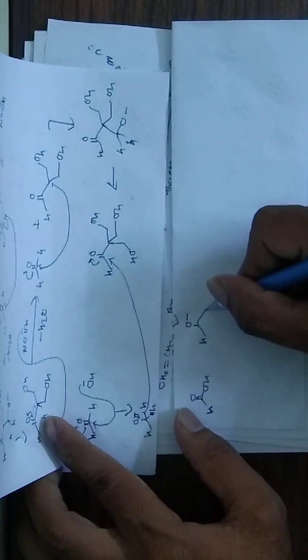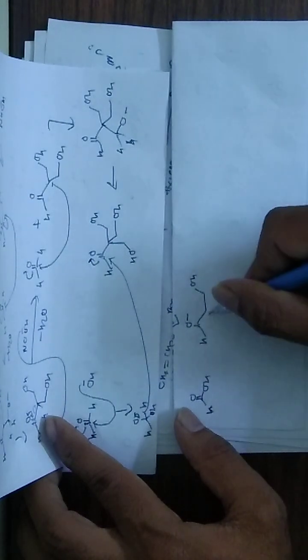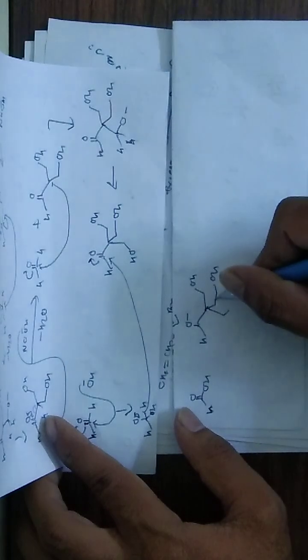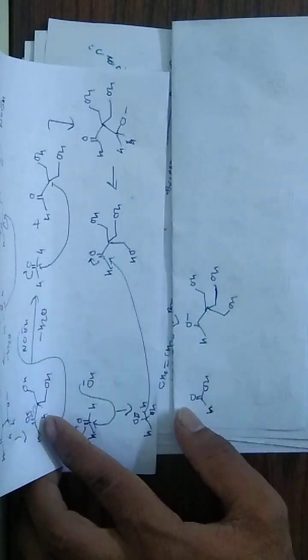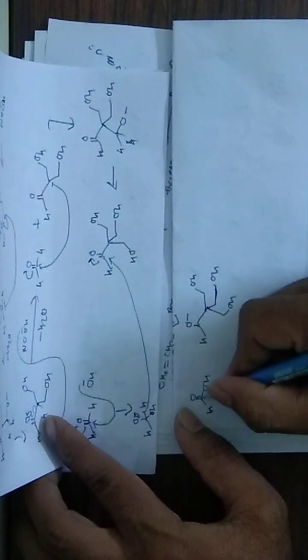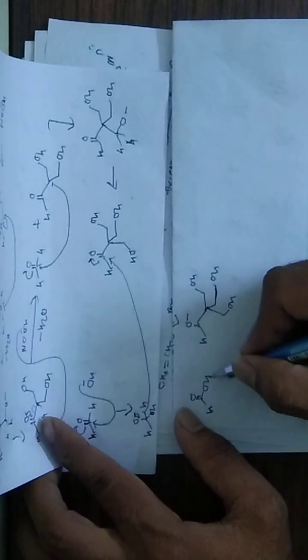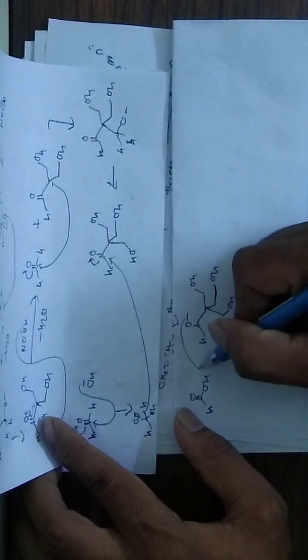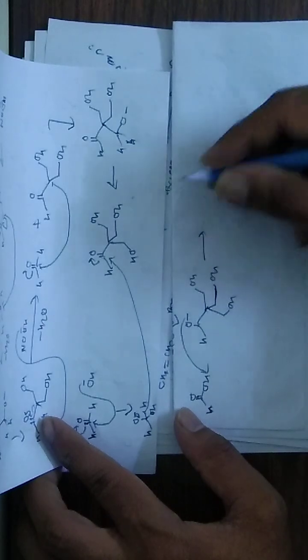O minus, here three OH are there. In that formic acid there is an acidic proton, and this acidic proton will be taken by that O minus.